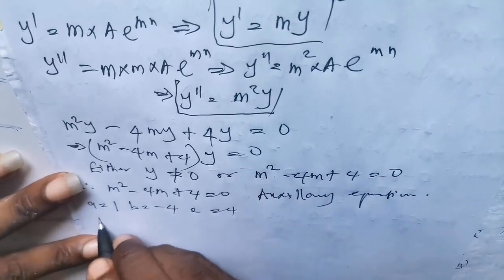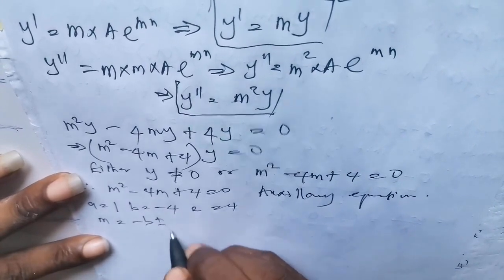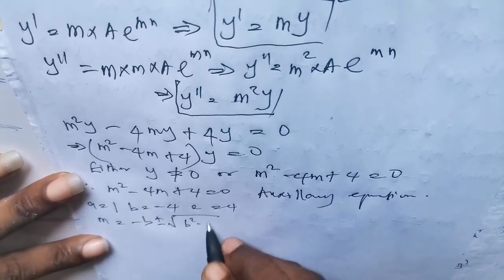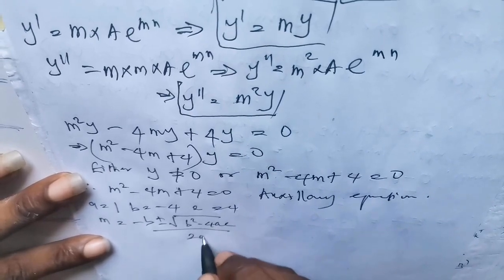Therefore, I'm looking for m. M equals minus b plus or minus square root of b squared minus 4ac all over 2a.